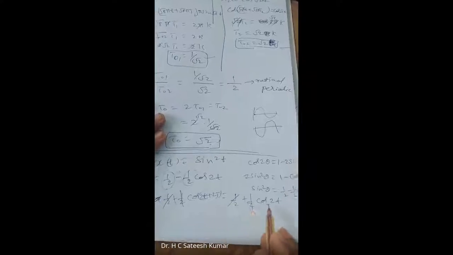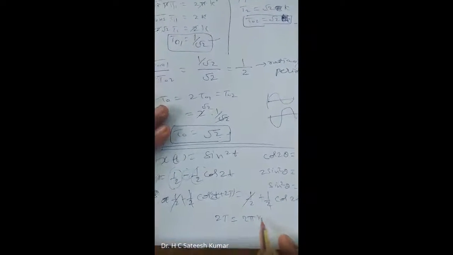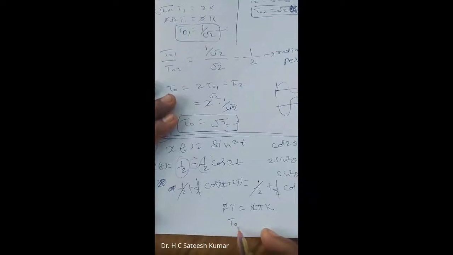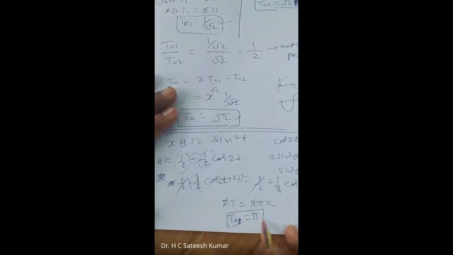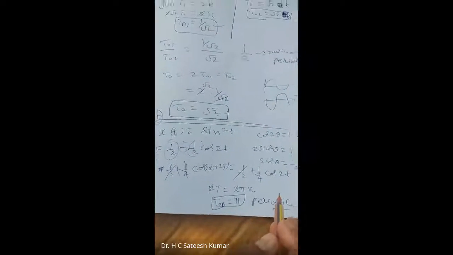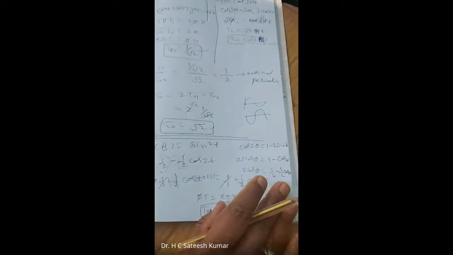Now, when these two are equal, 2T should be equal to 2 pi k. 2 gets cancelled. T naught is equal to pi. This is periodic, of course, as an individual term. It's not a sum of two signals, it is an individual signal. First type of problem we had, right? That's how we should do it.